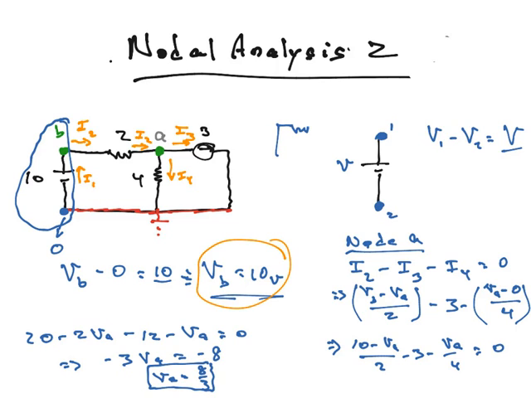If it looked like this, so if that were the problem, then when we do node A, this current coming in would have been 0 minus VA over 2, because all of this is the ground.